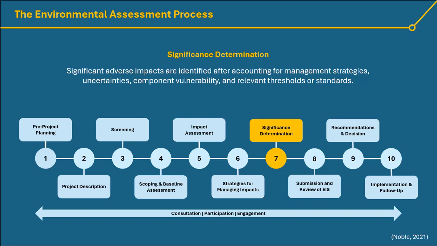So what is determined significant during this stage? I mean, unfortunately, it's going to be quite subjective in many cases. For example, wetland loss might be insignificant on paper, but devastating to a local indigenous community, right?